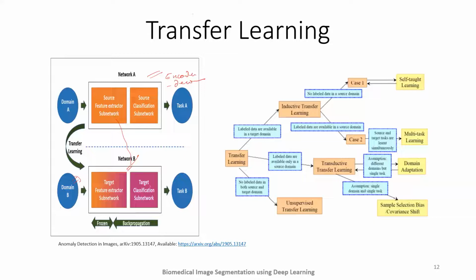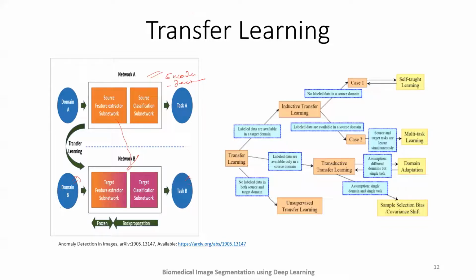So this model could be developed for task B to be performed. Transfer learning and its many variants are nowadays being used by researchers for image segmentation.